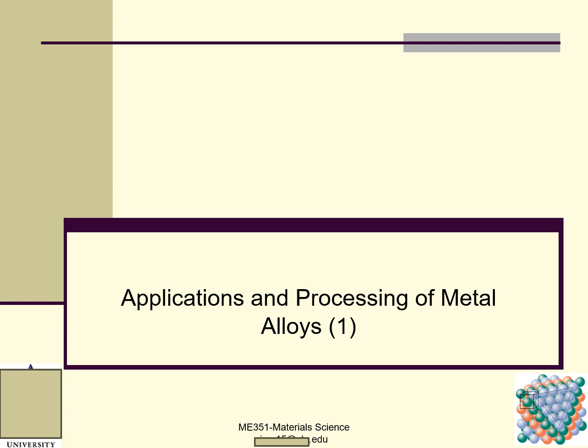Today we are going to talk about applications and processing of metal alloys. Before we move on to this topic, I want to tell you that last time, when we talked about hardness, I told you we have four different hardness measurements.